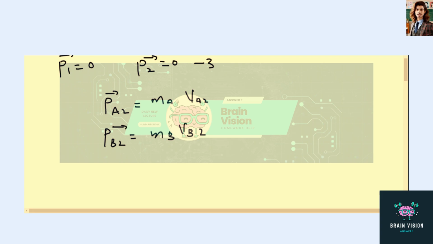And from equation number 1 and equation number 3, we get P2 is equal to PA2 plus PB2 is equal to 0.